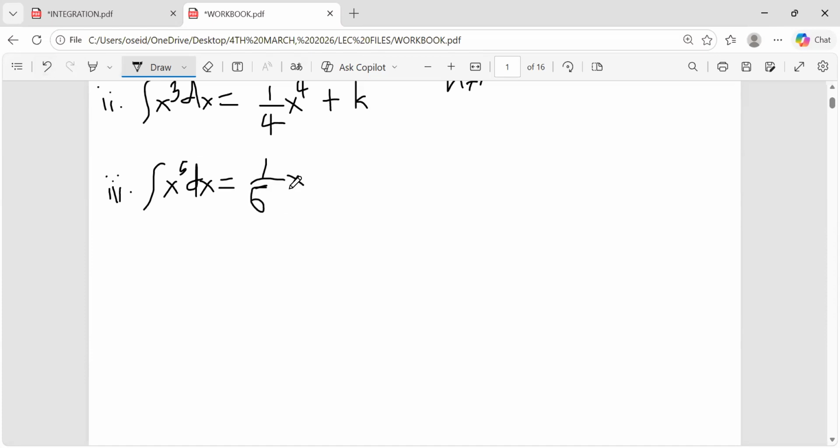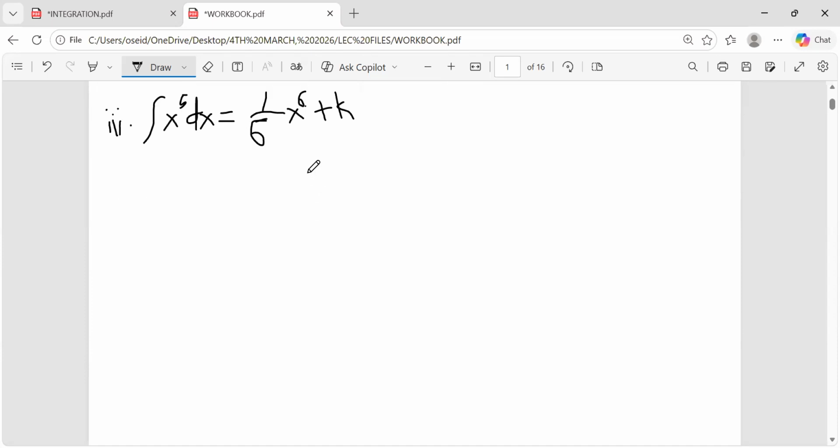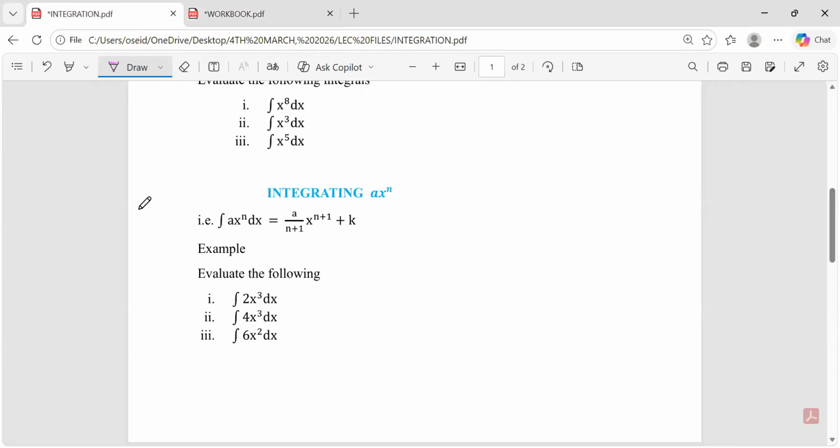So 1 over 6 times x exponent 6 plus k. So that's that. Any question as we are diving deeper?